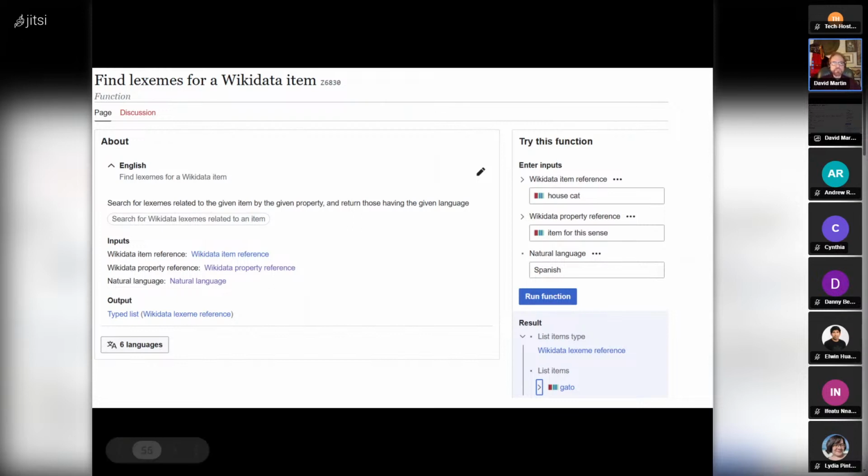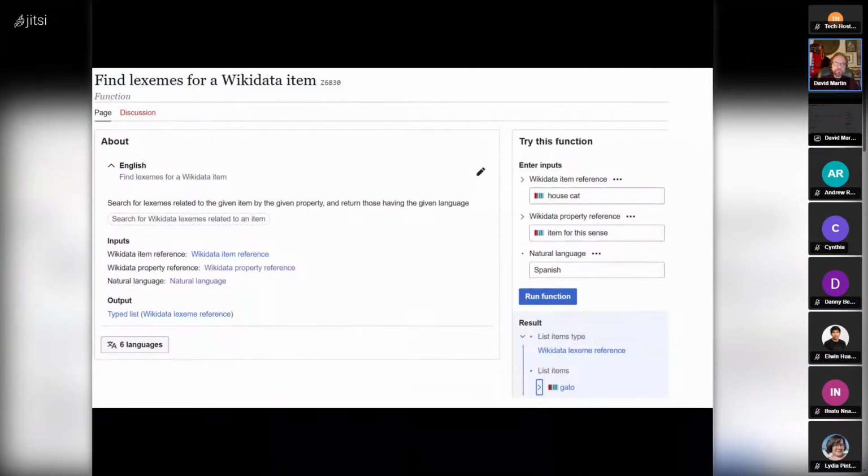So suppose I want to generate a phrase that mentions a house cat. In this case, I've selected house cat as a reference to a particular Wikidata item using our item selector. And then I've also told the user interface I'm interested in this particular Wikidata property item for this sense. I'm also interested in Spanish language lexemes.